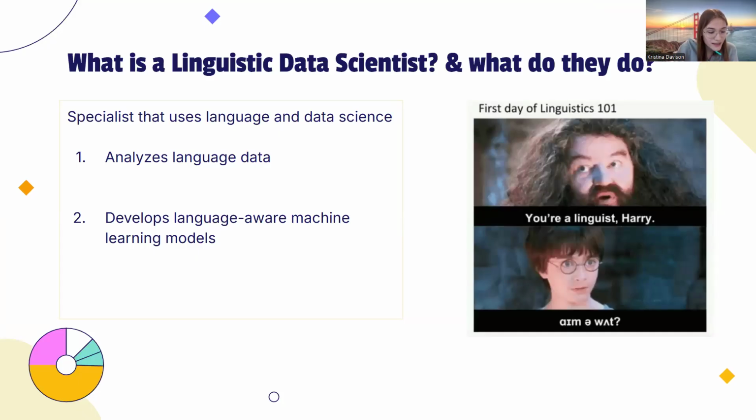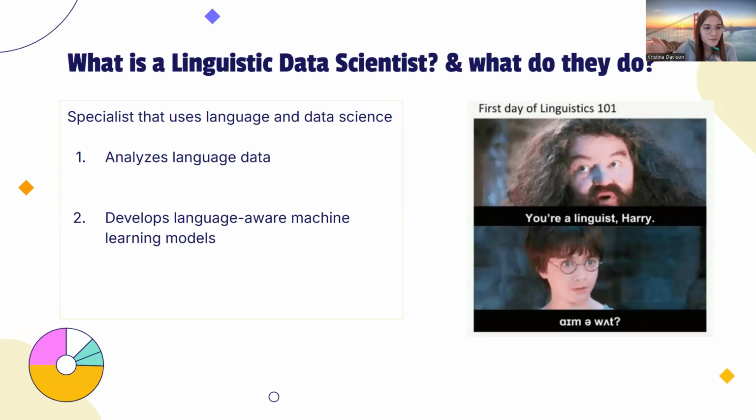Another way is they build part of speech tags, syntax trees, and semantic labels. I have a little bit of experience doing this in one of my linguistics classes, so I think it's kind of interesting. We won't really go into that as much though.